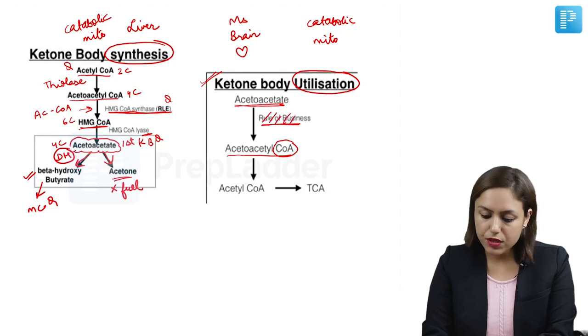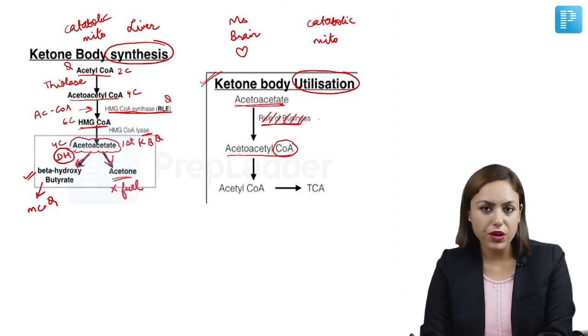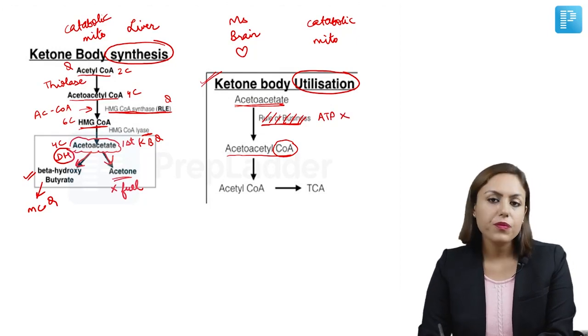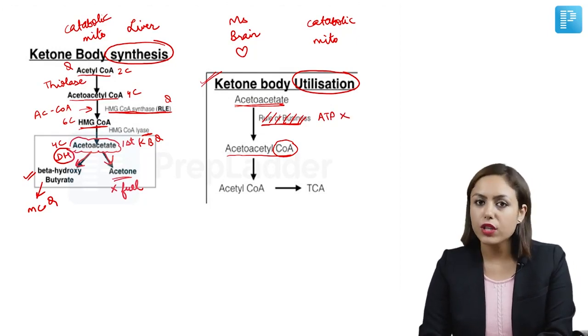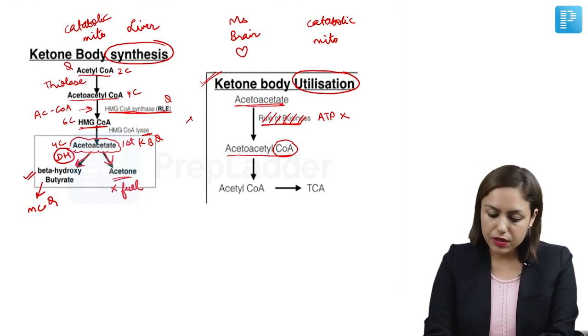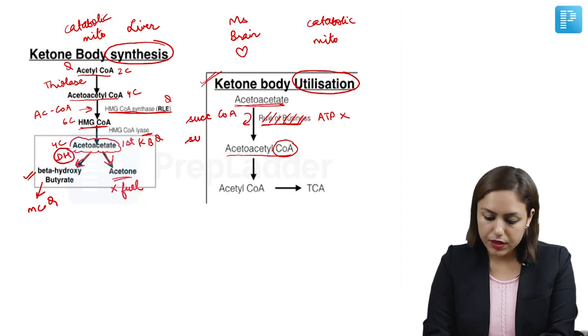But this rule is not applied for ketone body breakdown, because here ATPs are so scarce in the body that they are not available to be used. So no ATP is used. Instead, this CoA is taken from succinyl CoA, and succinyl CoA will be converted to succinate. The enzyme here is thiophorase.